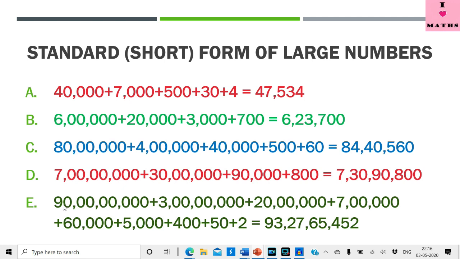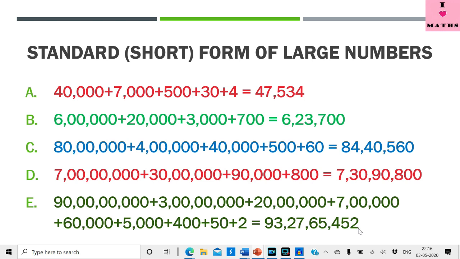But it's very easy. 9 at 10 crores place, 3 at crores place, 2 at 10 lakhs place, 7 at lakhs place, 6 at 10,000s place, 5 at thousands place, 4 at hundreds place, 5 at tens place, and 2 at ones place make this number 93 crore 27 lakh 65,452.